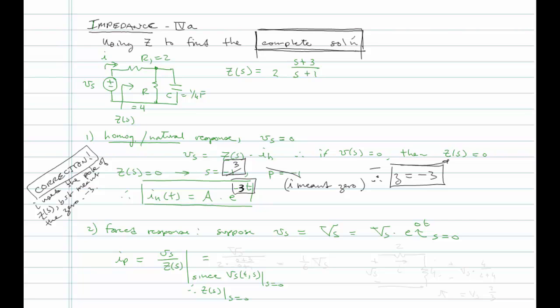We'll have Vs divided by, if we plug in 0 for the impedance, 2 times (0 + 3) over (0 + 1), which will give us 1/6 Vs. Now if we go back and look at the circuit, it's clear that that's what we'd have for the particular solution. You could have told me that without knowing anything about impedance.